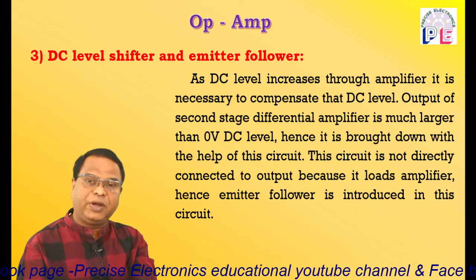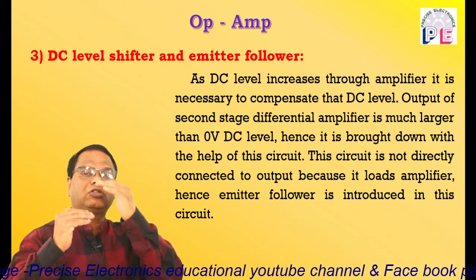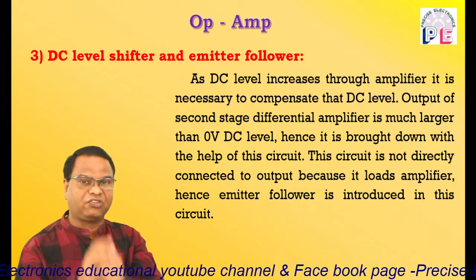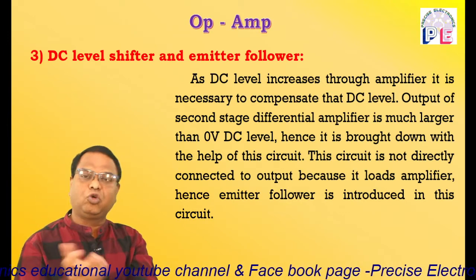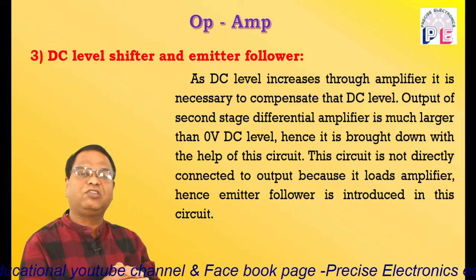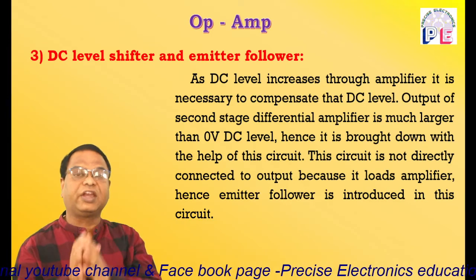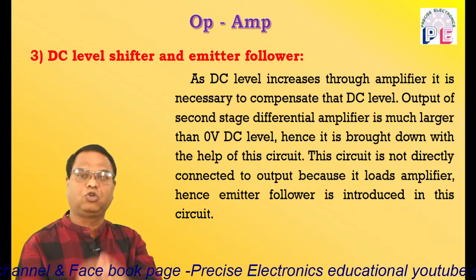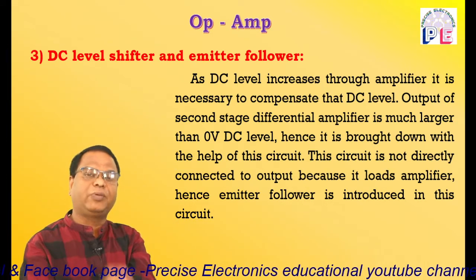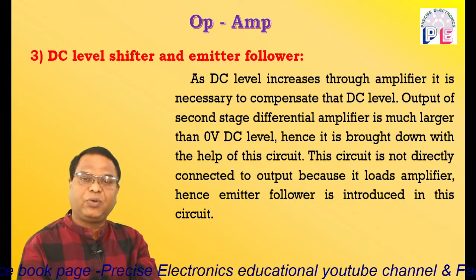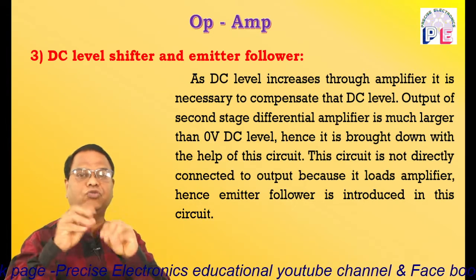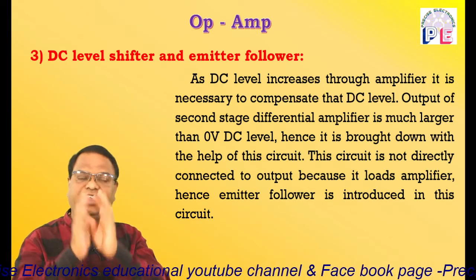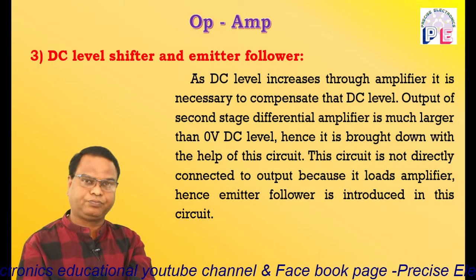Why? Because in an emitter follower, the output terminal is connected to the emitter of the transistor, and the emitter always gives a low resistance. As the output impedance is low, there is no loading effect. Even though the output load drops to 0 ohm, it will not affect the operating condition of the amplifier. That's why the emitter follower circuit is also introduced in the third block, the DC level shifter and emitter follower.